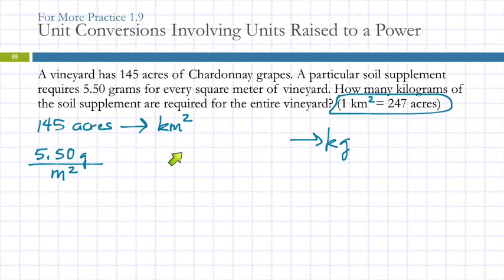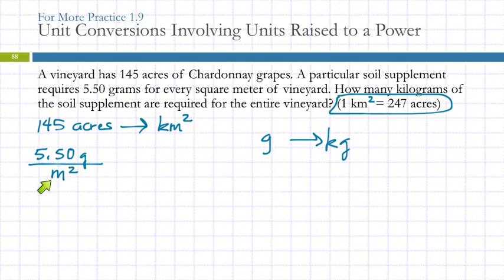Okay, so I could get there. And then kilometers squared, I don't know. Let's look at this. Oh, gram. Gram and kilogram, right? That's just a metric prefix thing. We could do that. So if I had gram, I could get to kilogram. Oh, this relates grams and square meters, right?